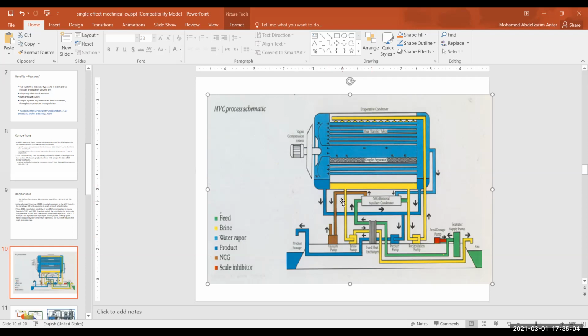These are the blue lines here, which also pass by the heat exchanger. So the heat exchanger makes use of hot distillate water, hot rejected brine, and cold seawater to heat the seawater, all done in one heat exchanger, not 2 heat exchangers as we have seen in the previous figure or sketch that you have seen earlier.